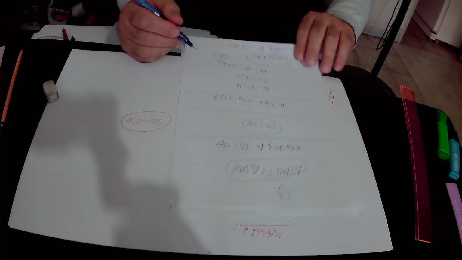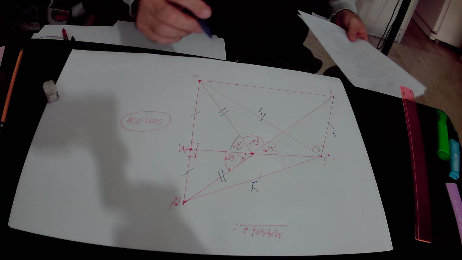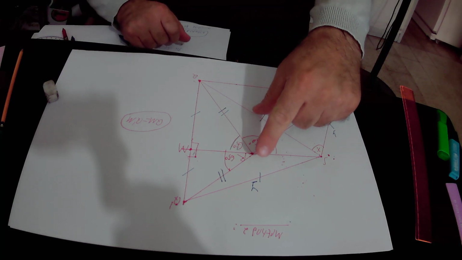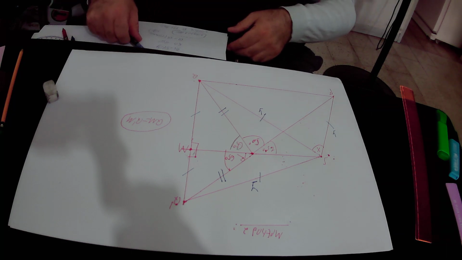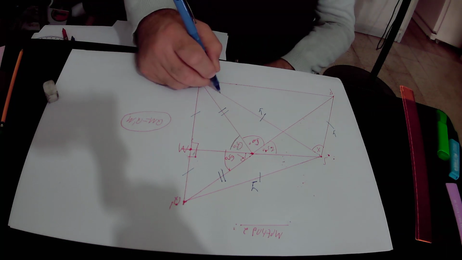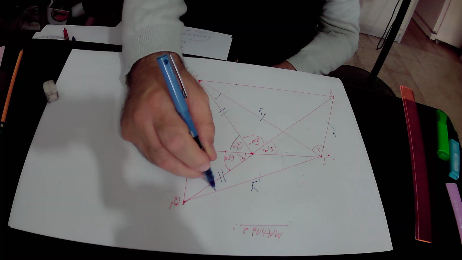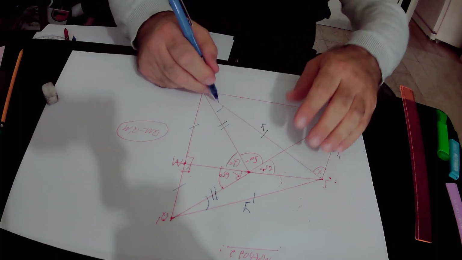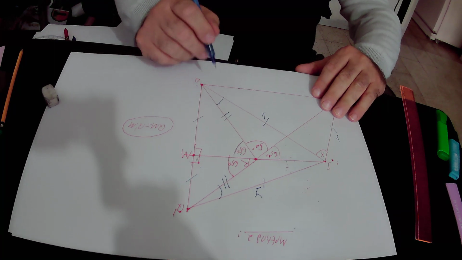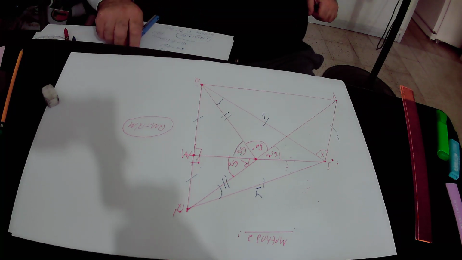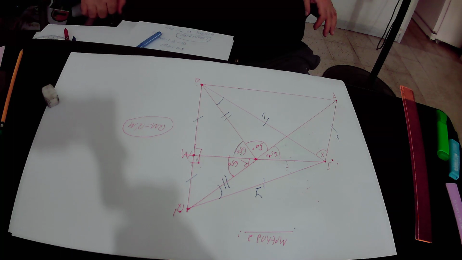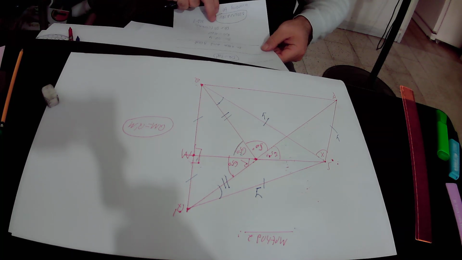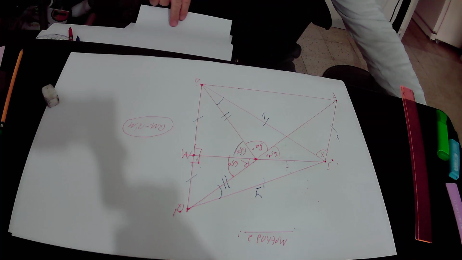So from the fact that triangle SRQ is congruent to triangle SRQ dash, those two triangles being congruent to each other, we can conclude that those two angles are equal to each other, according to the rule that corresponding angles in congruent triangles are equal. Okay, so I write it down.